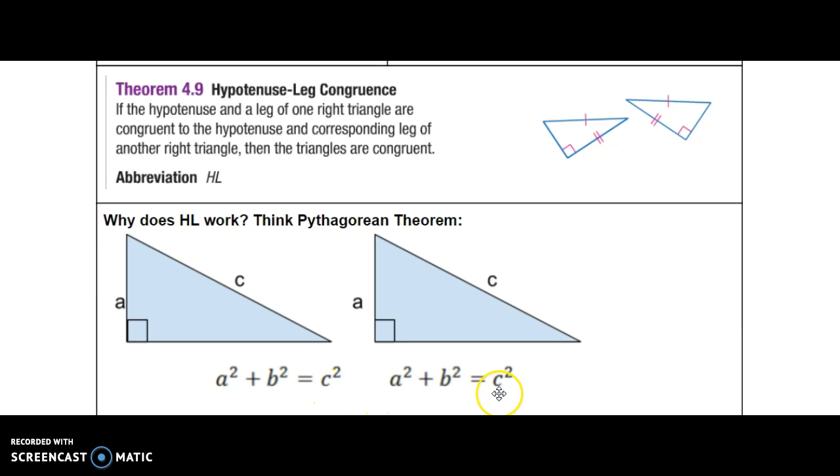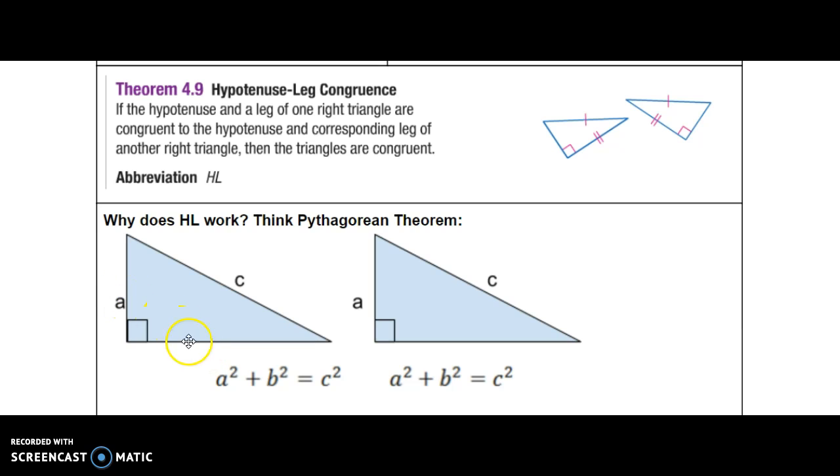Both of these have the same a and c values, so there's only one value for b that you could possibly have in order to make this equation work, and it's got to be the same number both times. If that's true, then we have a third side congruent, b and b.